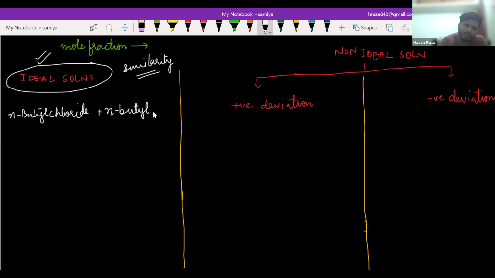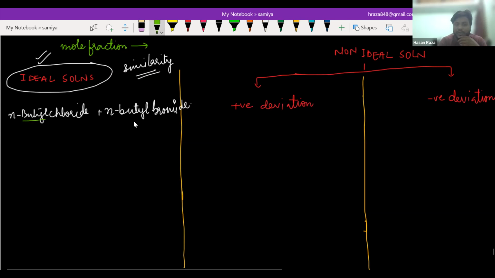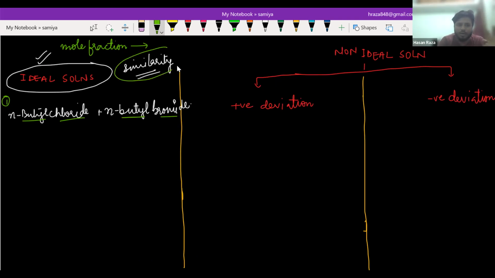You can see there is similarity: butyl, 4 carbons here, 4 carbons there, chloride and bromide, which means halogens are here and halogens are there. That shows an ideal solution. So whenever a solution is given with a solute and solvent name and there is similarity, that will be an ideal solution. Got it?